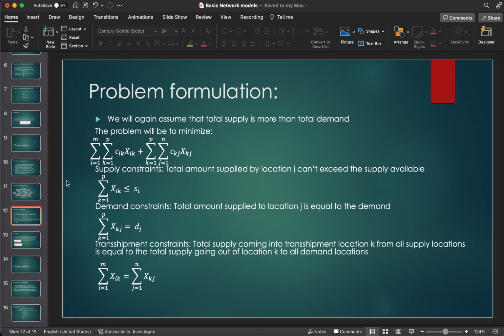And then, if total supply is more than total demand, that's the assumption that we're going to make, then all the supply going out of the supply locations is less than or equal to Si, and all the supply coming into the demand location is equal to Dj. So the supply and demand constraints are similar, but you'll also have another set of constraints called the transshipment constraints, where all the supply coming into a transshipment location should be equal to all the supply going out of a transshipment location. So what does this mean? Practically, what does that mean?